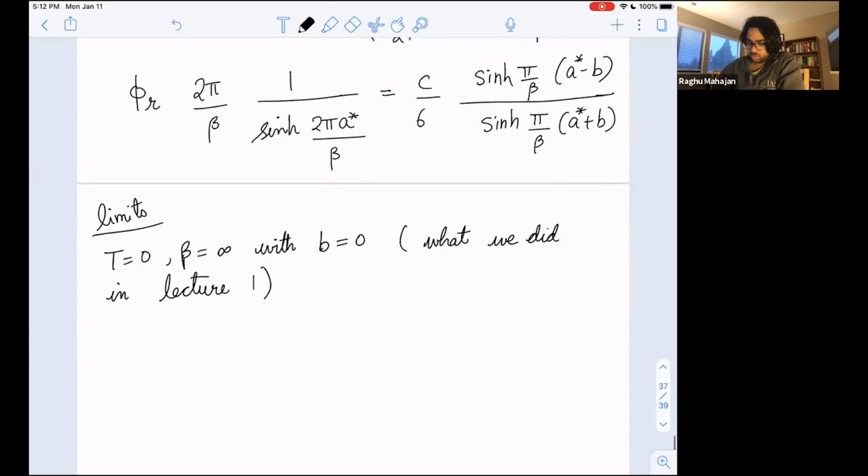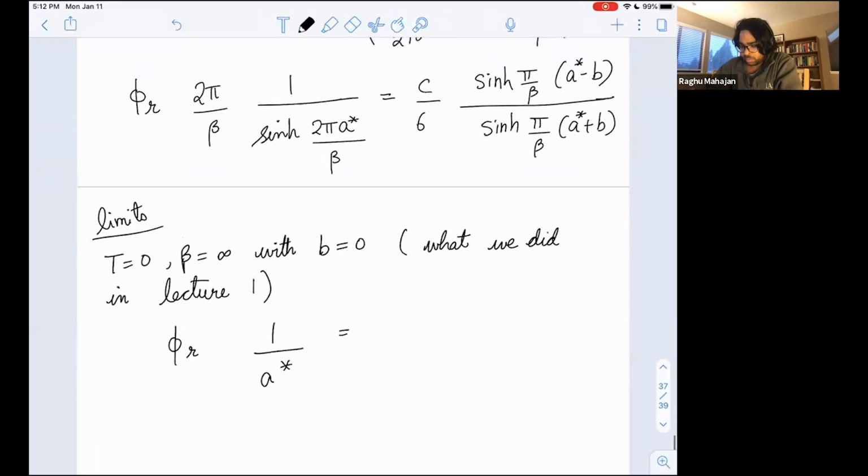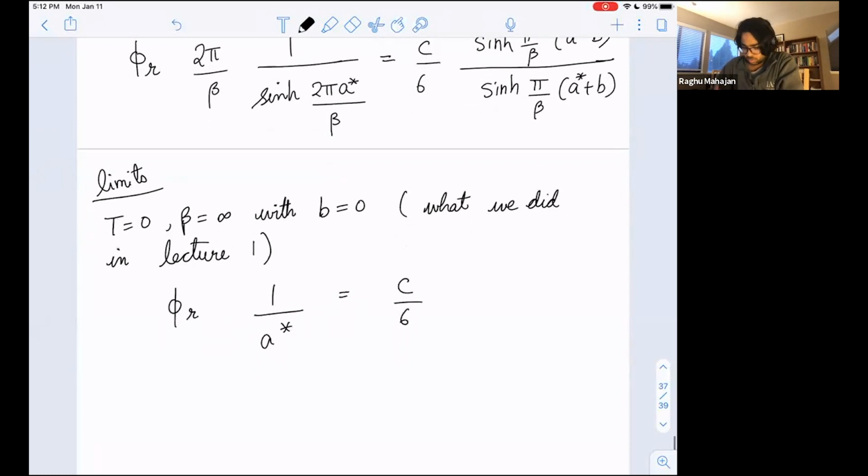So on the left-hand side, the sinh simplifies, right? Since beta is very large, the argument of the sinh is small. So we just get 1 over A star equals, and since we are taking B to be 0, the right-hand side is just c over 6. So we recover the A star we found at zero temperature. It was simply phi_r, which sets the length scale, and then 6 over c. Okay, so this looks good.